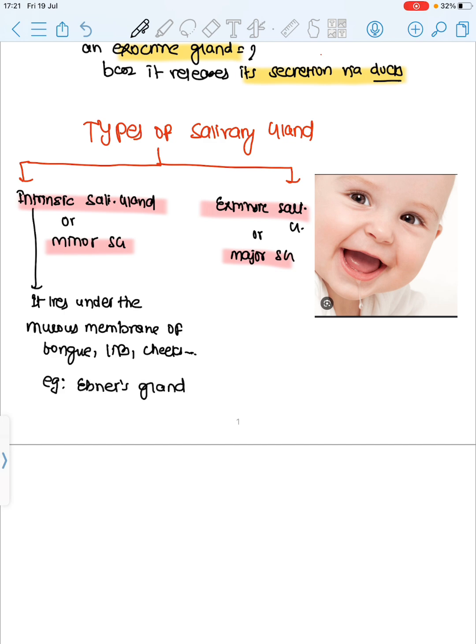And one main thing about intrinsic salivary gland is that it secretes at a constant rate. It is known as minor salivary gland because intrinsic salivary gland has a minor role in saliva formation. But extrinsic salivary gland is known as major salivary gland because it has a major role in saliva formation.